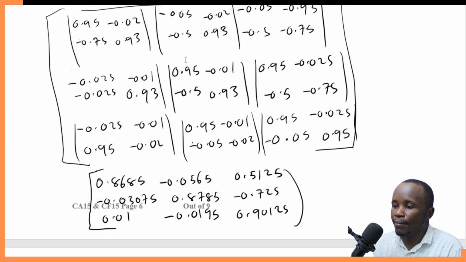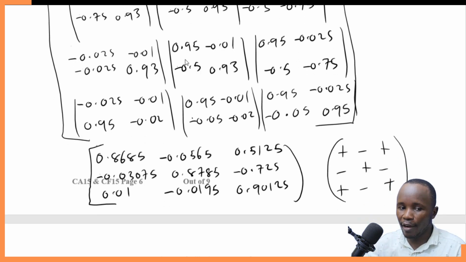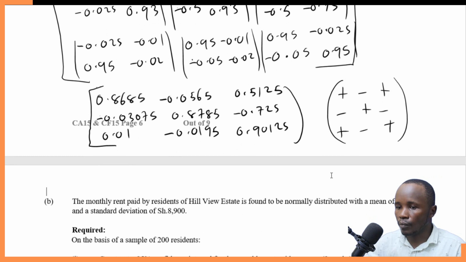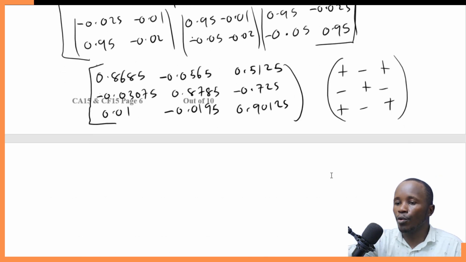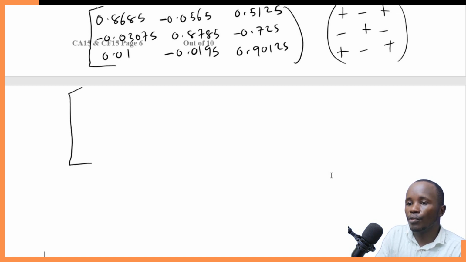We need to get the cofactor matrix. Remember, you're going to follow this: plus, minus, plus, minus, plus, minus, plus, minus, plus. The first one is a plus, the second one minus, third one plus. So they are going to give us what we call the cofactor matrix. Therefore, if I bring these signs here, this matrix will change to 0.8685.